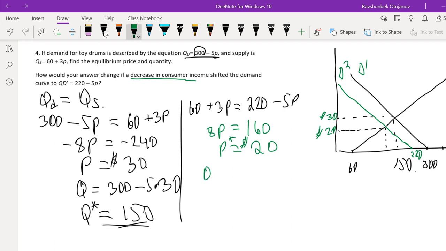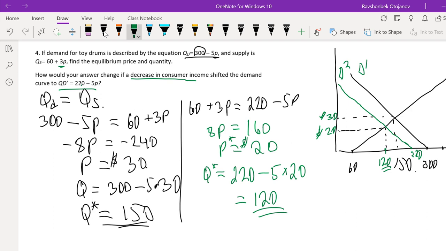And now the new equilibrium quantity, we can use either the demand or supply equation. So that's 220 minus 5 times $20. So that leaves us with 120. That's the new equilibrium quantity right here.